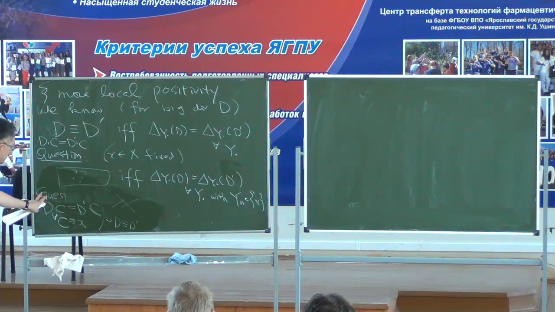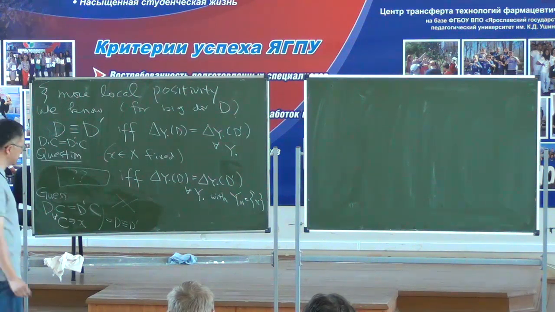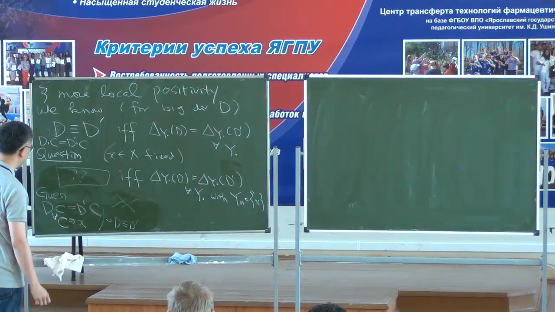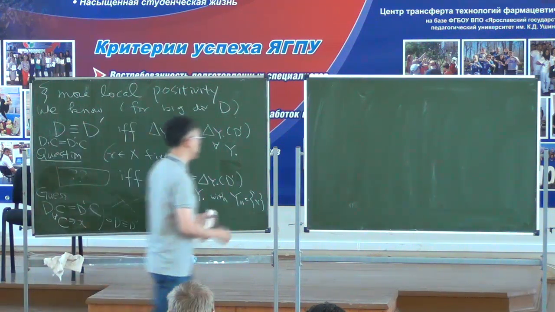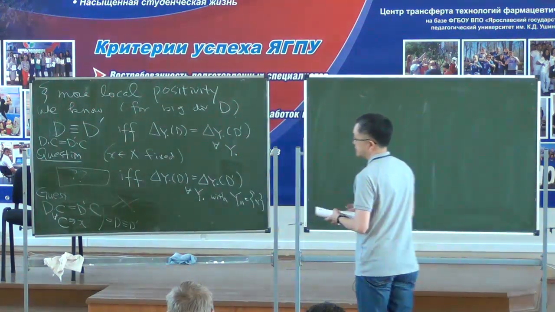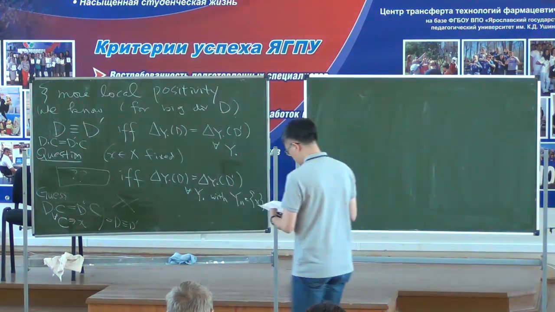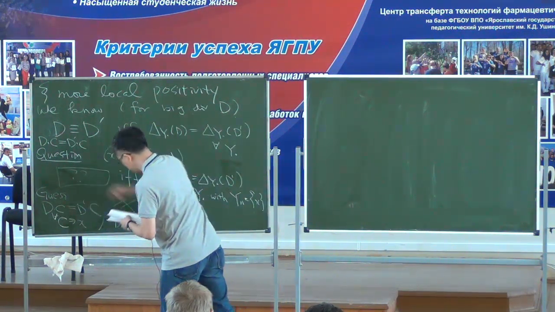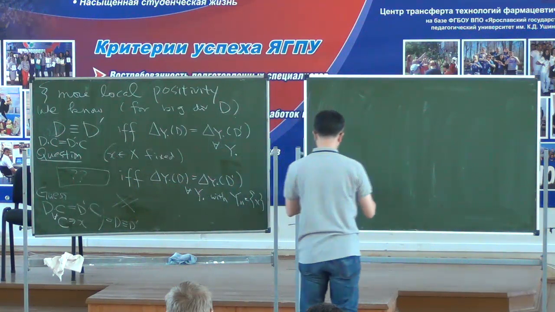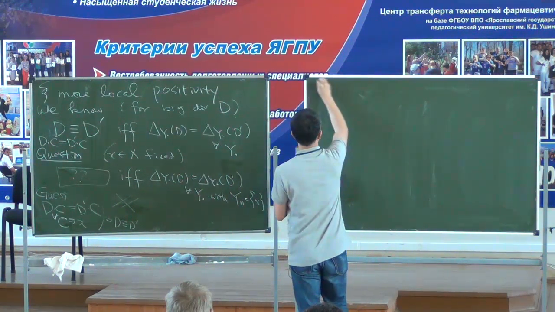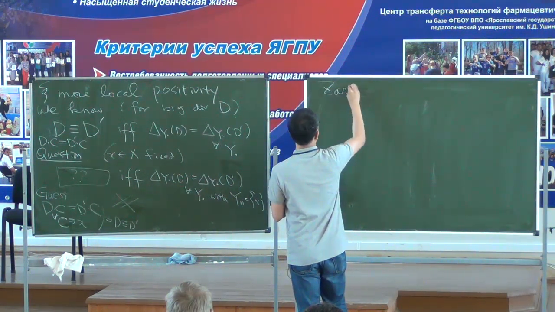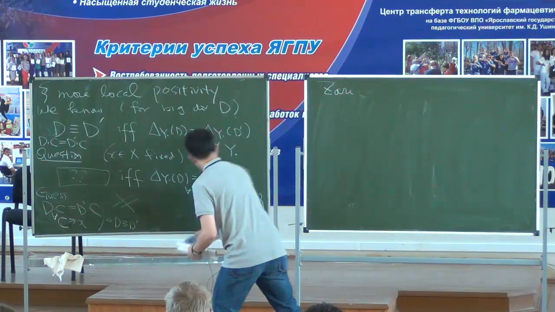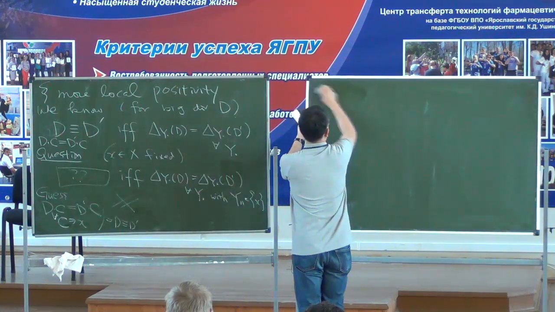Okay, so this naive guess is actually wrong. Okay. So to come up with the correct notion, we use the notion of Zariski decomposition. Actually, let's have it divisorial Zariski.